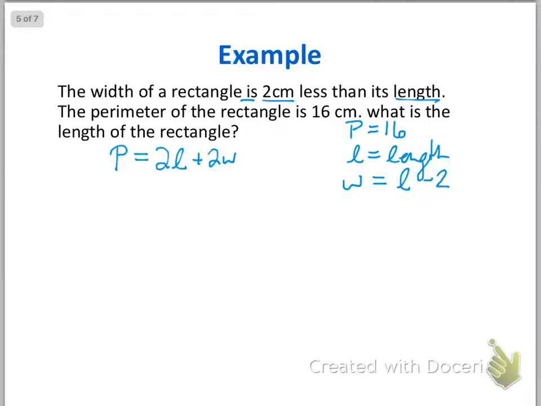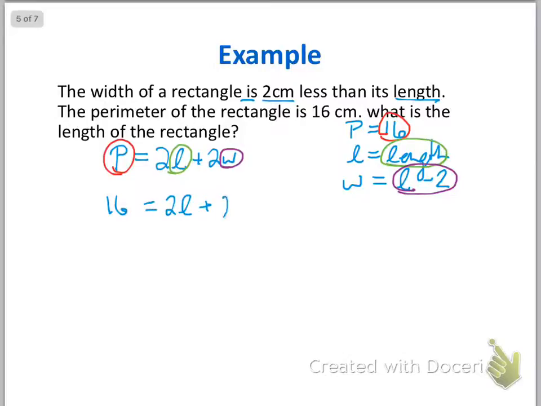So now I need to substitute in what I know. Instead of P, I will write 16. L stays L. And instead of W, L minus 2. So let's plug in what we know. 16 equals 2L plus 2W. W is L minus 2. Now I can solve my equation. First thing I'm going to do is distribute.